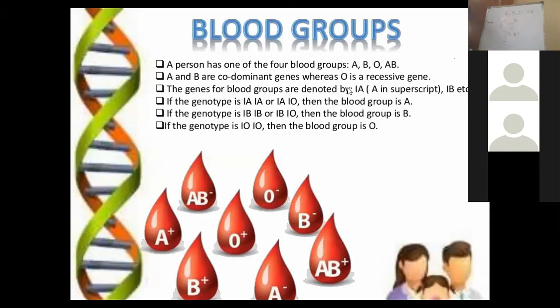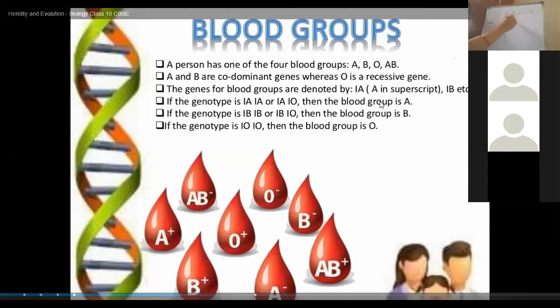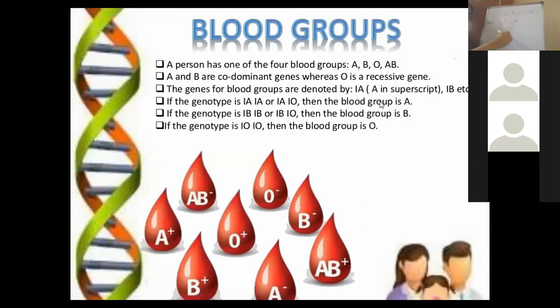Okay. Is there any way of having AB? Yes. If one gamete contributes A and the other contributes B, the resultant progeny will have AB blood group, because A and B are codominant.